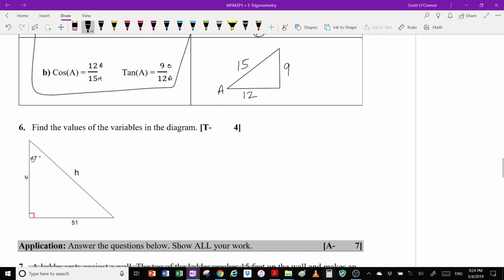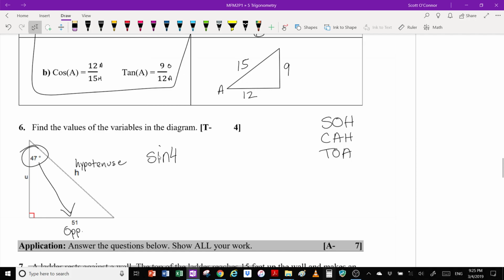And let's start looking from this perspective. In reference to 47 degrees, this is our opposite. So which of the trigonometric ratios uses opposite and hypotenuse? And that would be sin.